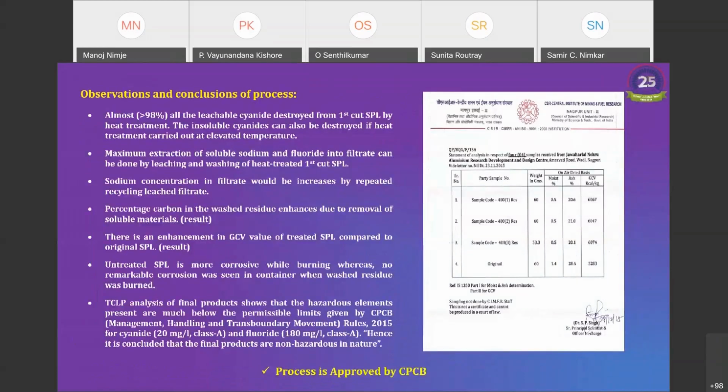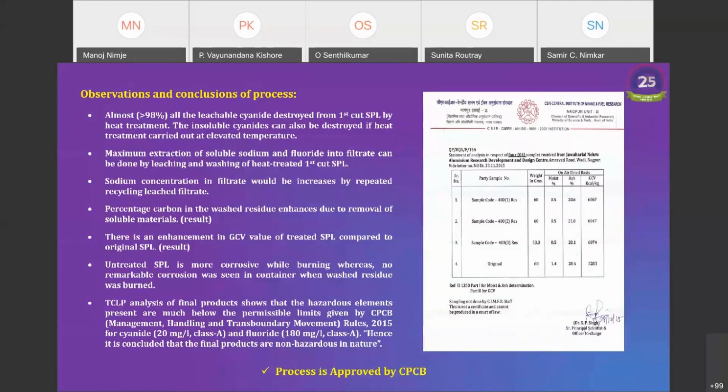Now, coming to the observation and conclusion of this process for treatment of first cut SPL, it is observed that more than 98% of leachable cyanide gets destroyed from first cut SPL by heat treatment.